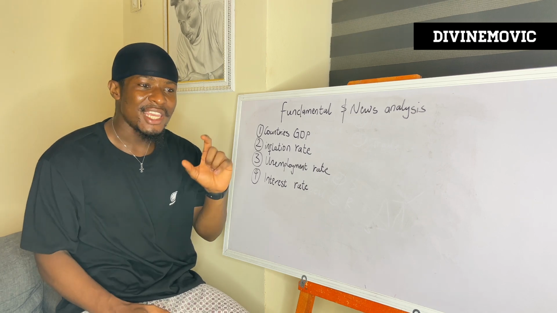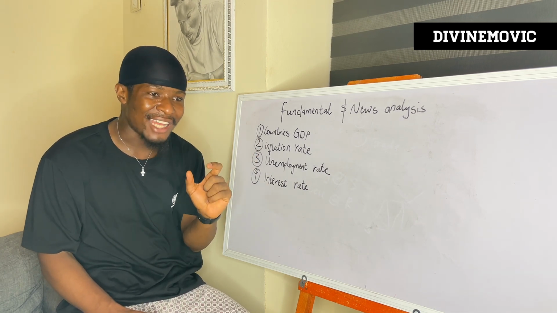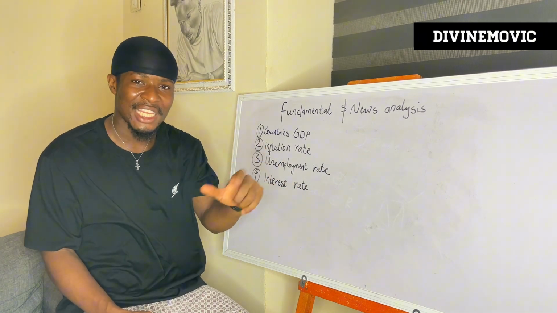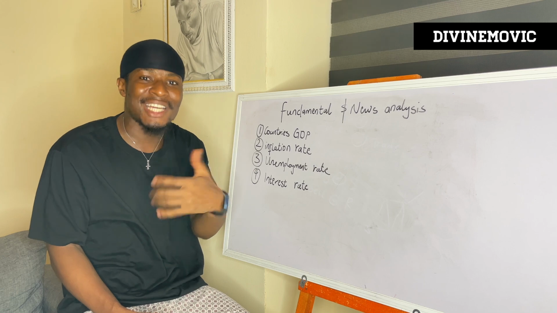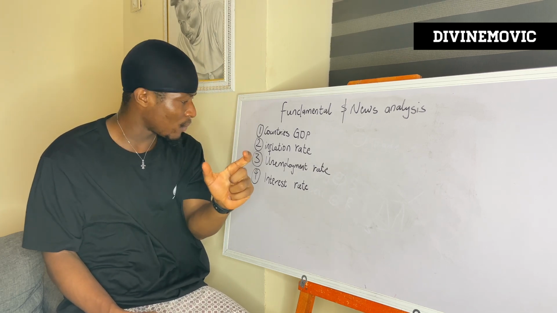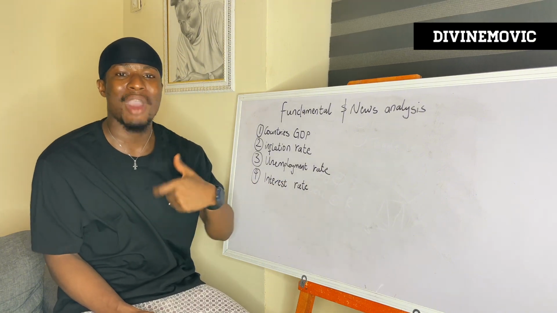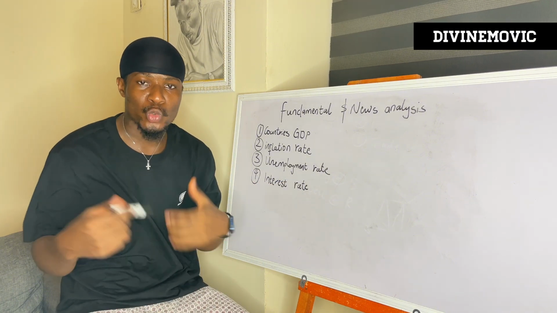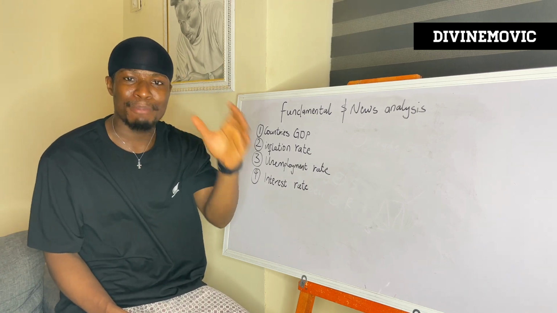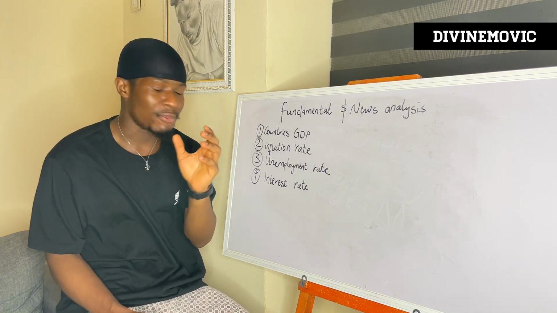For instance, if you could use 100 naira to buy 100 oranges, and after 2 weeks that 100 naira cannot afford 100 oranges, it simply means that the inflation rate has increased and the value of the currency has gone down. Unemployment rate is simply the rate at which people who are meant to be working are not working in the country. If the unemployment rate is high, it is bad for the economy, but if it is low, it is good for the economy.